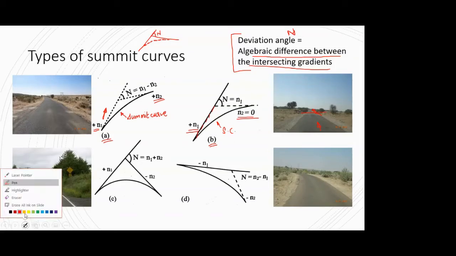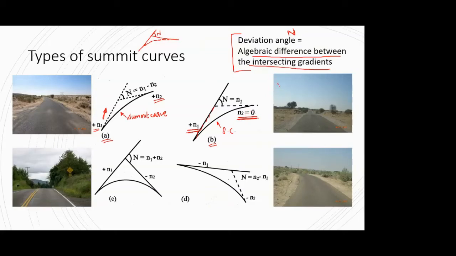This is your type B of summit curve. We have an up gradient plus n1 and a level road. A gradient we don't have, it's just zero. This is what it looks like.